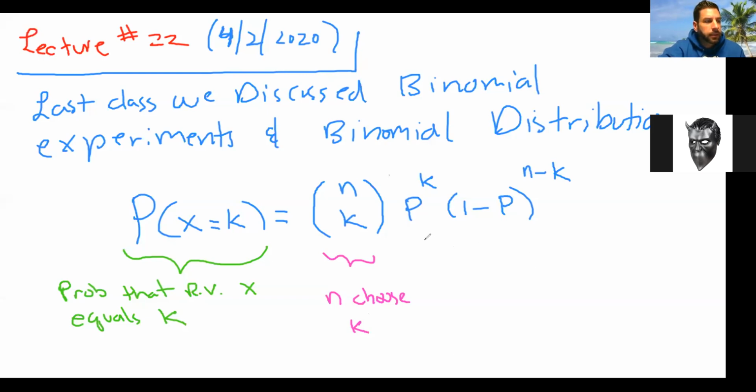And then lastly, the number P, what does the number P mean? Well, the number P represents the probability of success, whatever success is in your particular problem. And then this is the probability of quote unquote failure.